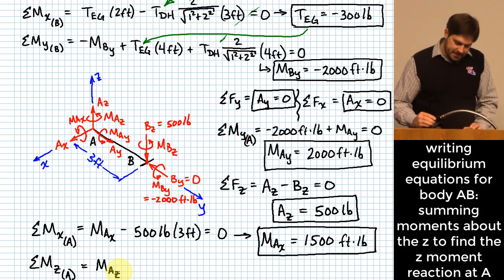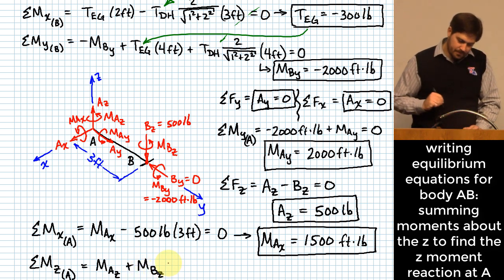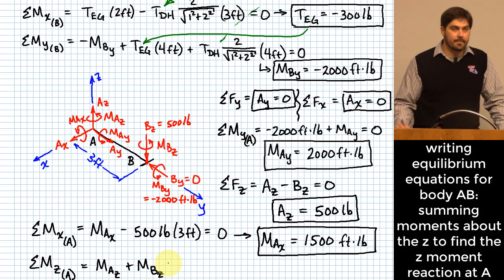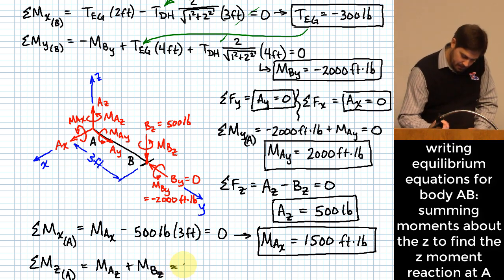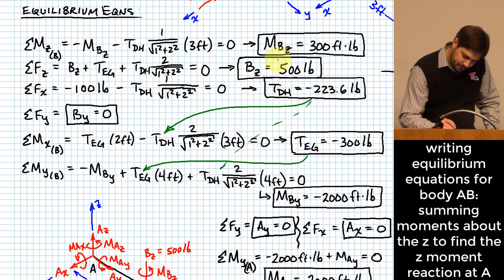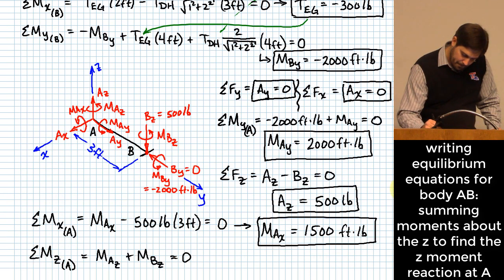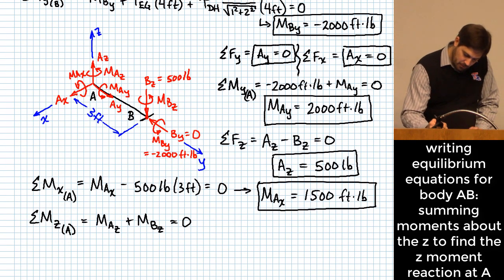Plus MBZ. Anything else? Okay, that's it. But remember MBZ, up here, MBZ was 300 foot-pounds. So what's MAZ?